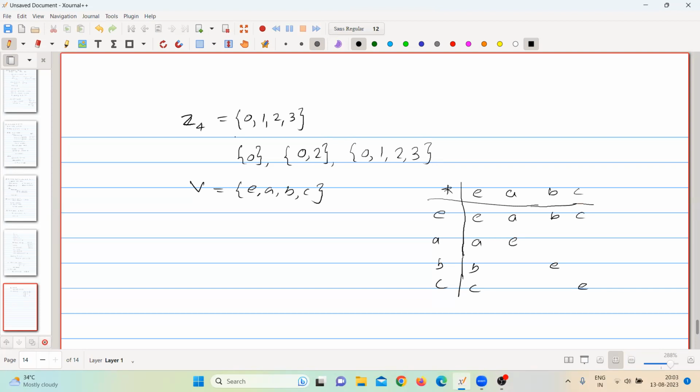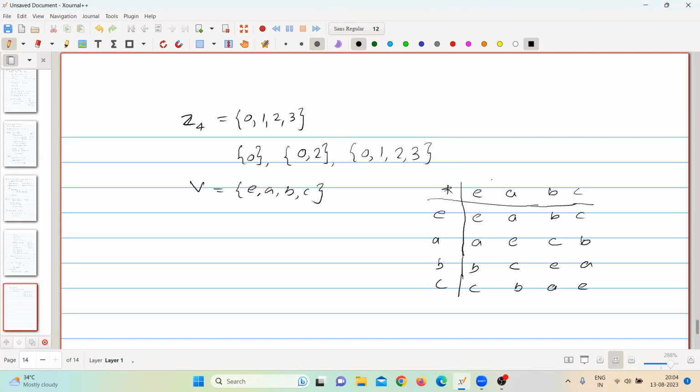A star B equal to C, A star C equal to B, B star A is C, and so on. This is how we define the Klein four-group.